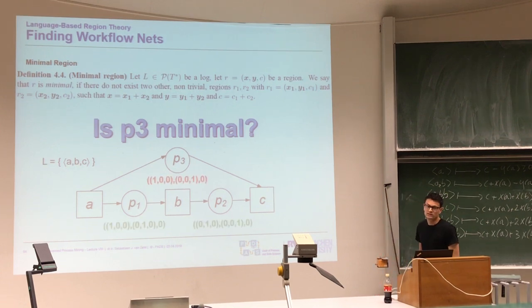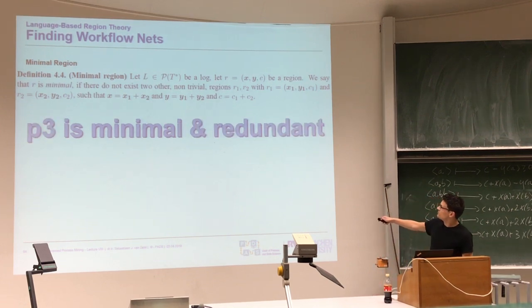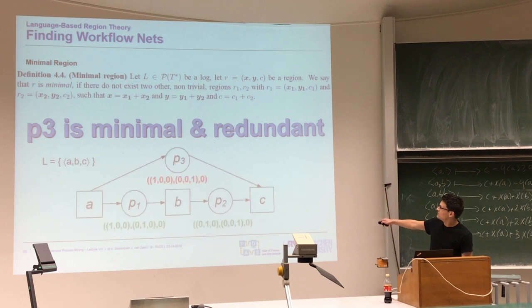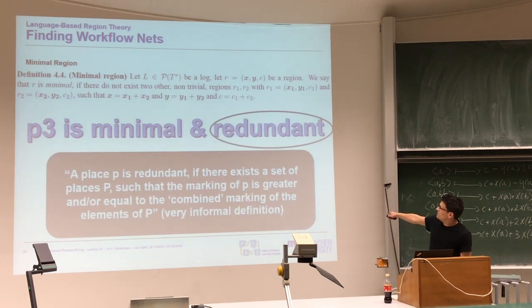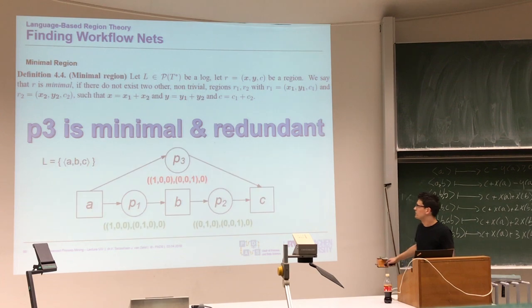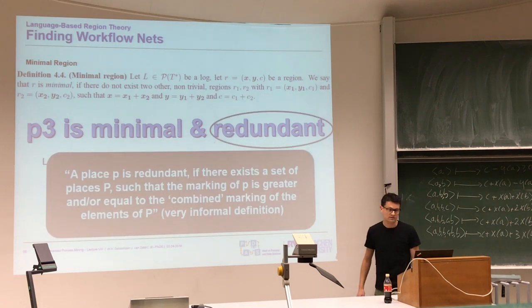Yet we don't want it. Essentially, it is redundant because there exists a set of places where its marking is always greater or equal than the combined marking of the other elements. So whatever you put in P3 is always the sum of what you put in P1 and P2. It's redundant.